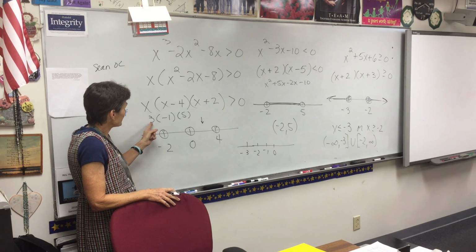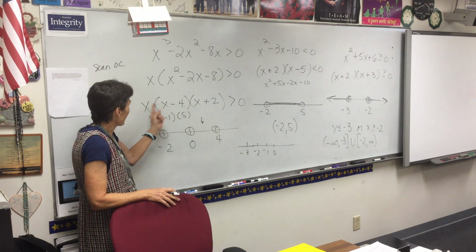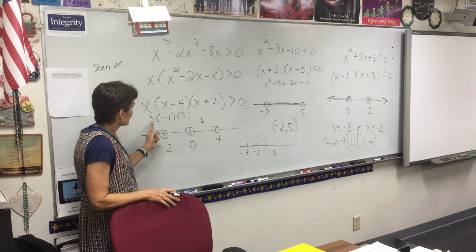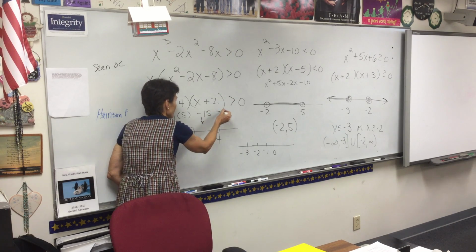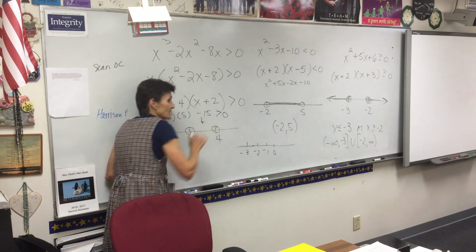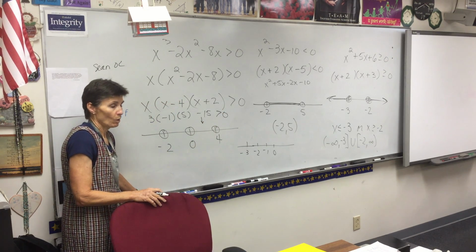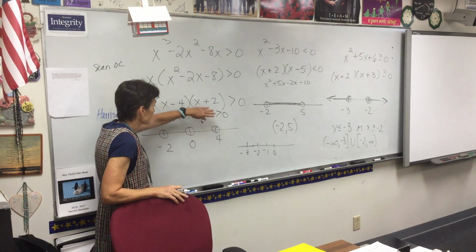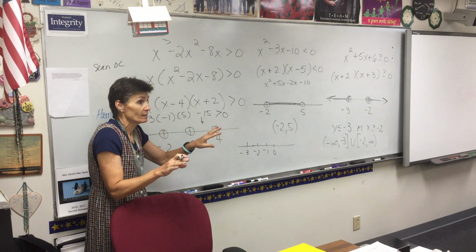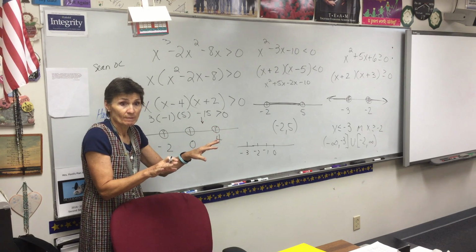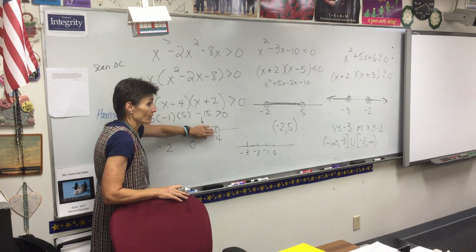Now what is 3 times negative 1 times 5? These are times each other. This is negative 15. Is negative 15 bigger than 0? No. So that means he picked a number that doesn't work, so we don't shade it. You shade the answers. This didn't work.